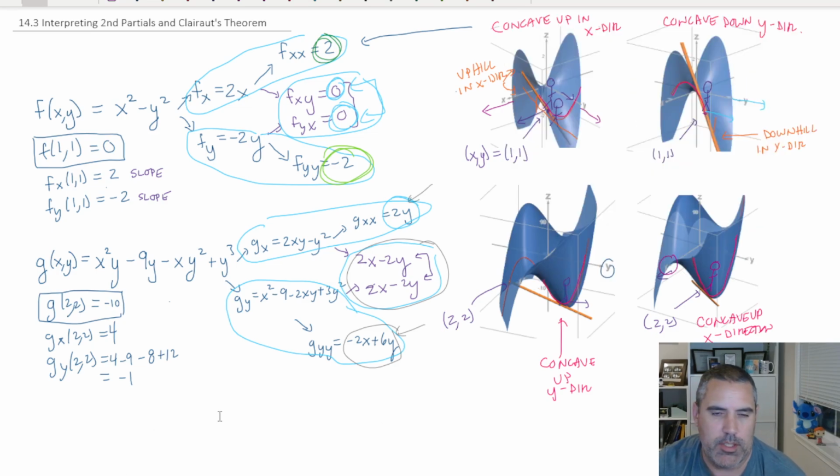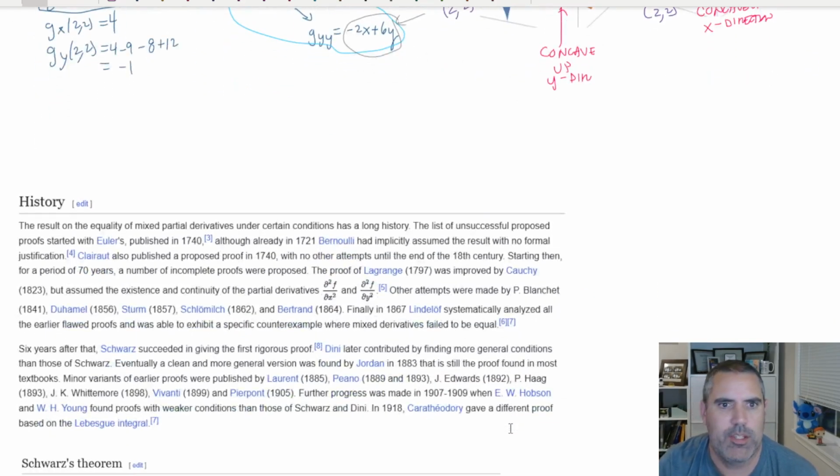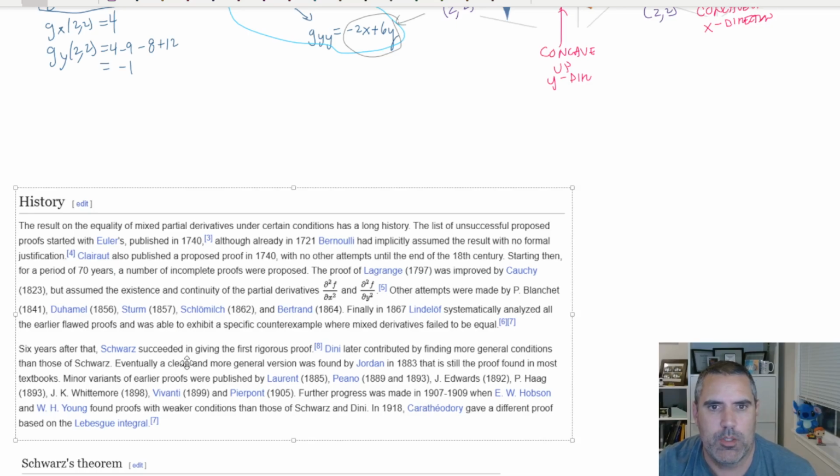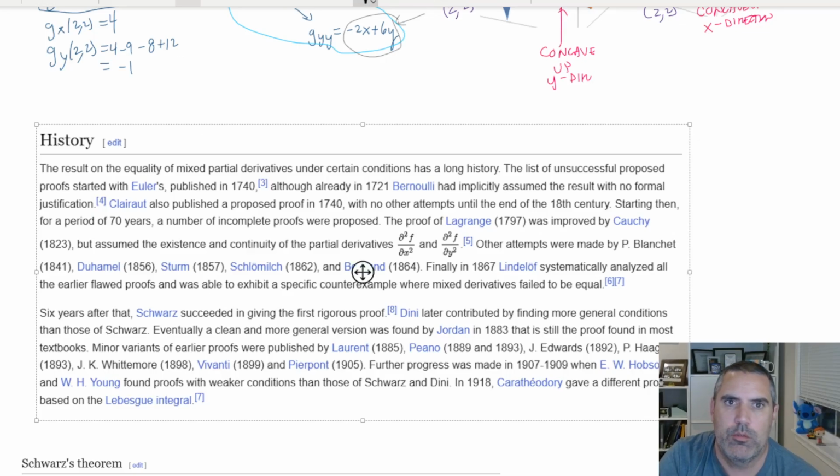I'll end with a little bit of history. So, previously I talked about the history of Clairaut. He published this work. So here's what I found, a little bit of Wikipedia research. It was after Newton. Clairaut was somebody who followed Newton and tried to prove some of the questions he'd asked.